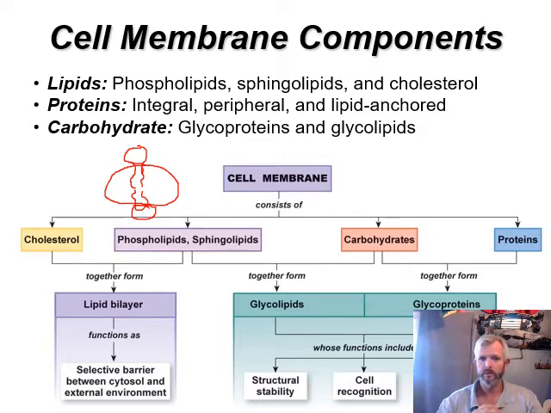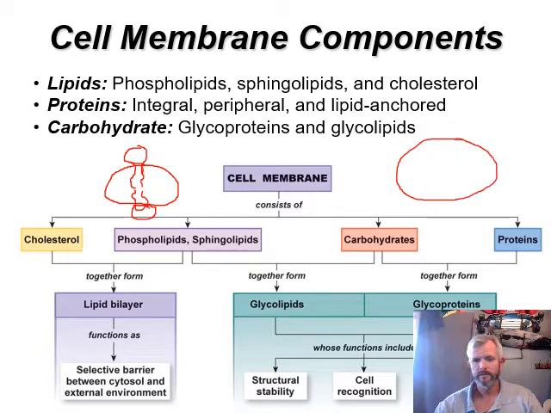That's the main component, and again, it gives this cell membrane a non-polar characteristic. It is made chiefly of phospholipids and then some sphingolipids, but the chief component is those phospholipids.